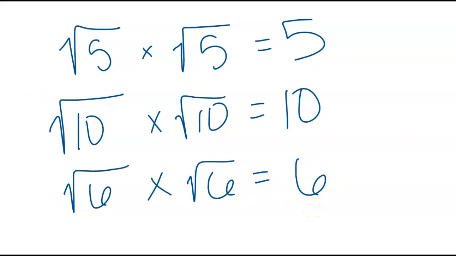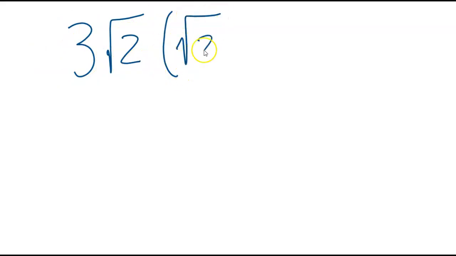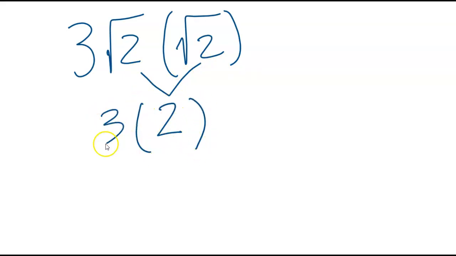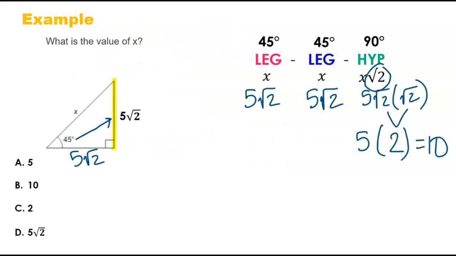So that's why when we do square root of 2 times square root of 2, it just turns to a regular old 2. So if I had 3 square root of 2 times the square root of 2, the square root of 2 times square root of 2 is going to become a regular 2, and I still have to multiply that by 3. So this would become 6. So our answer here, the hypotenuse, is going to be 10.